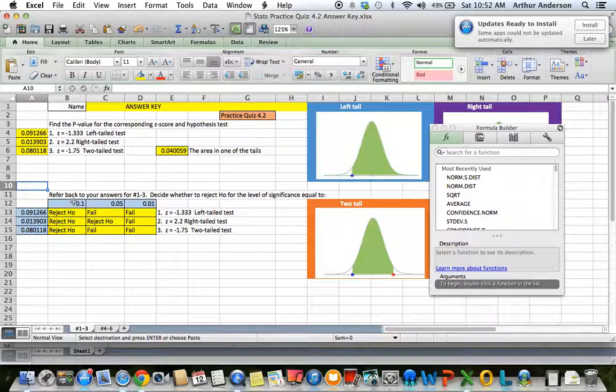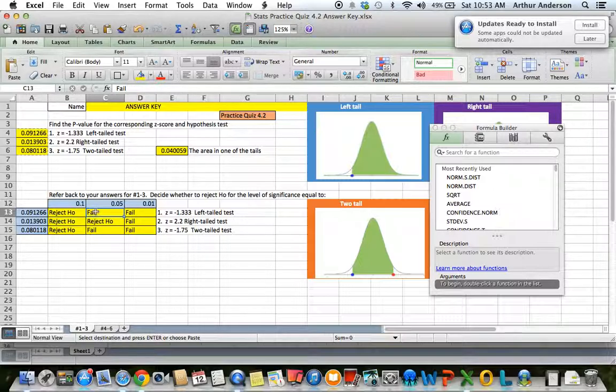If the value for alpha is equal to 10%, the column on the left down below here, the rejection region is anytime the p-value is less than alpha, so 9 point something percent is less than 10%, so on problem number 1, for a 10% level of significance, we reject the null hypothesis.